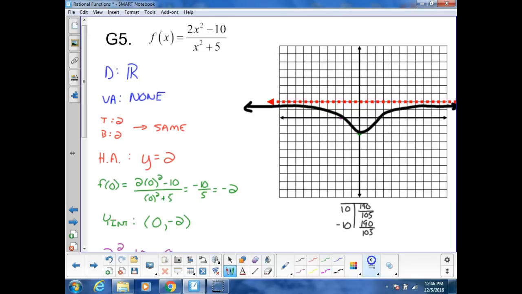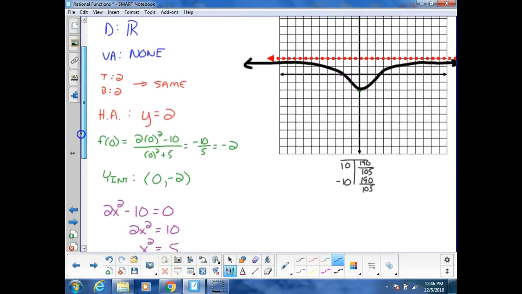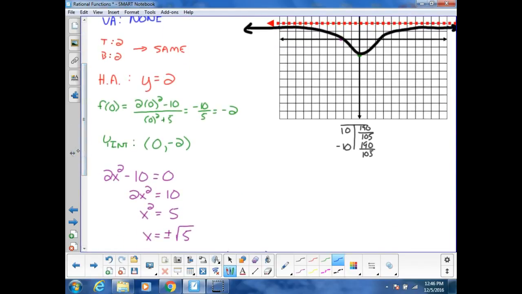I have no asymptotic behavior for this problem because I have no vertical asymptotes. So I just have end behavior. As x is approaching positive infinity, my function is approaching 2 from below.